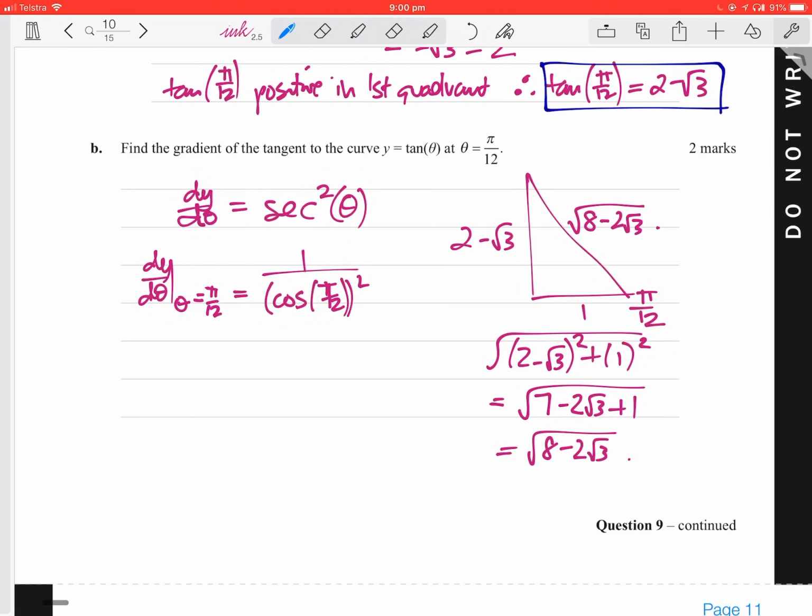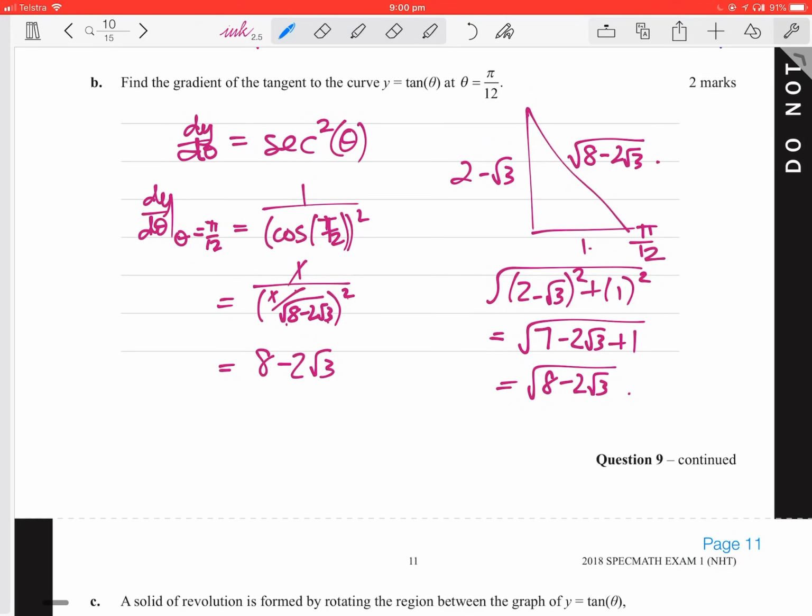Cos of pi on 12 is 1 on root 8 minus 2 root 3 squared, so it'll just be 8 minus 2 root 3, because the 1 on will cancel, and when you square it you just get 8 minus 2 root 3.